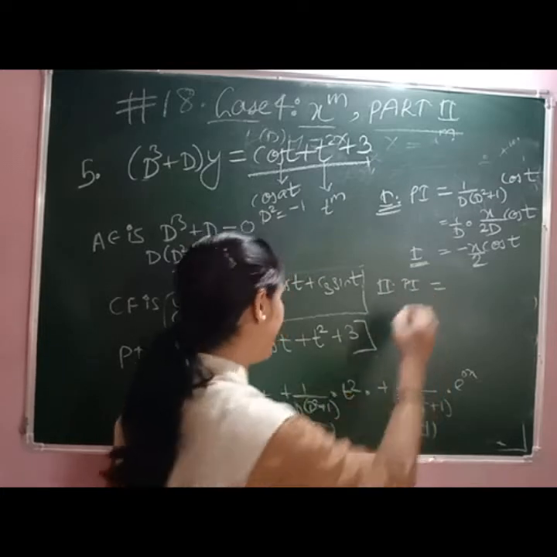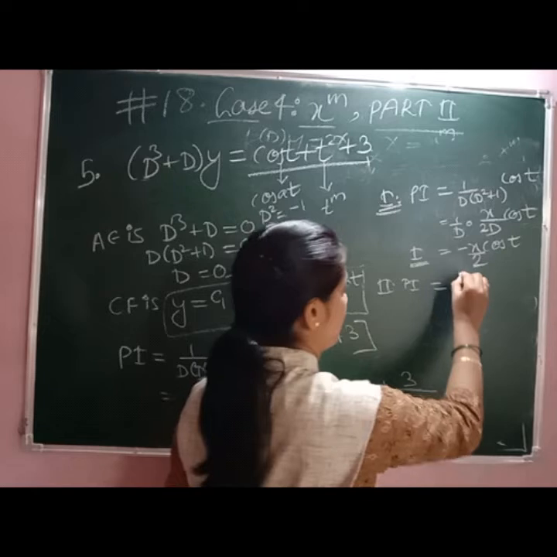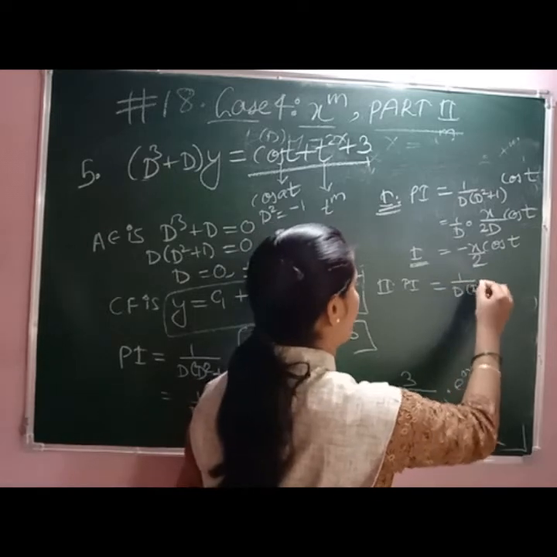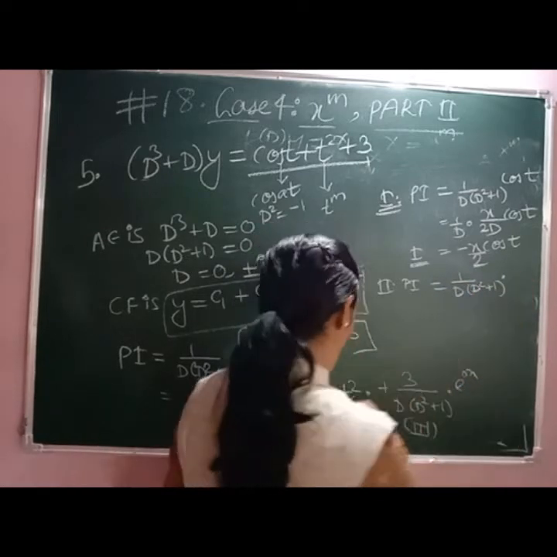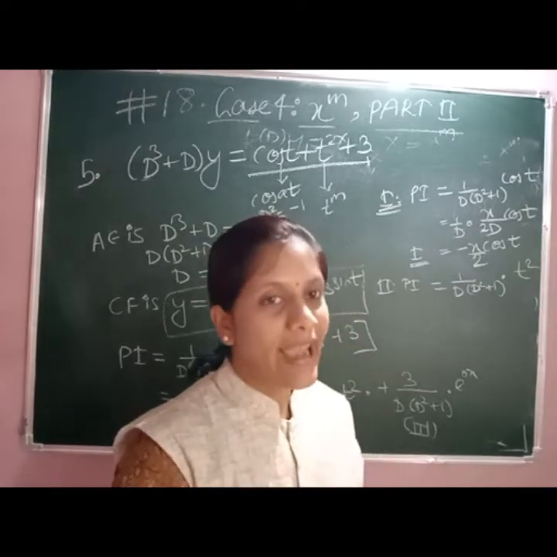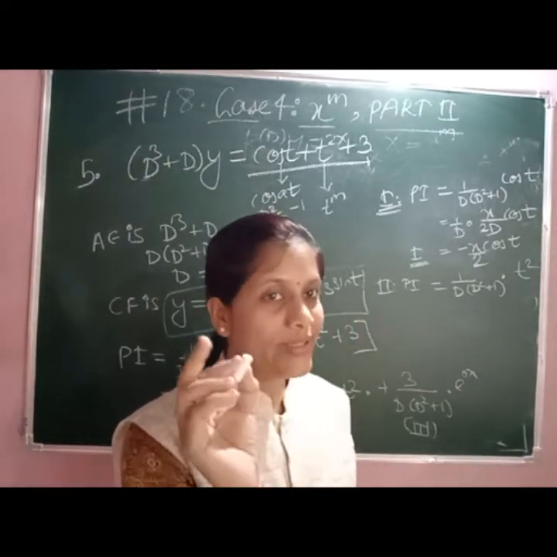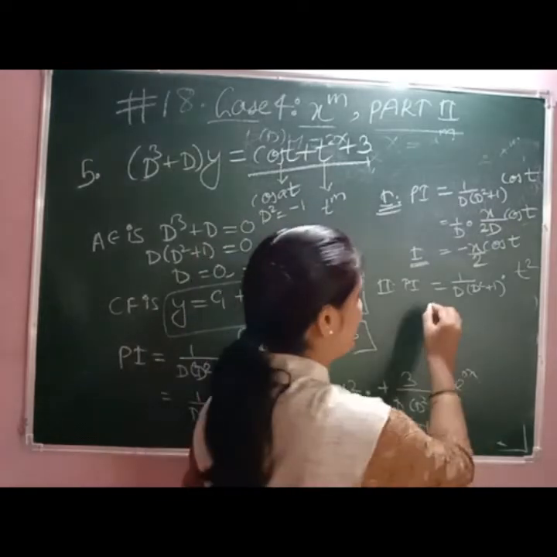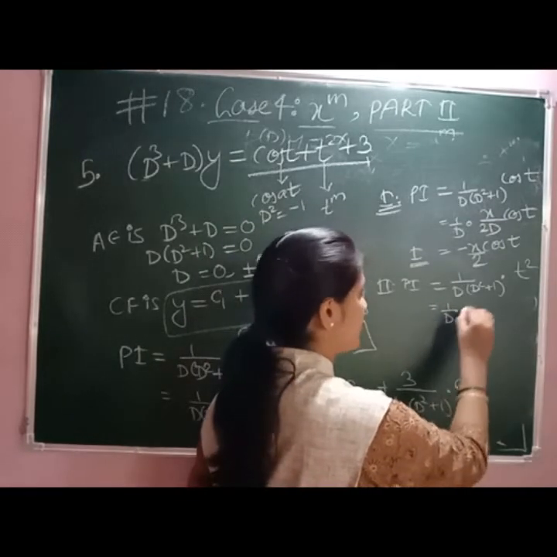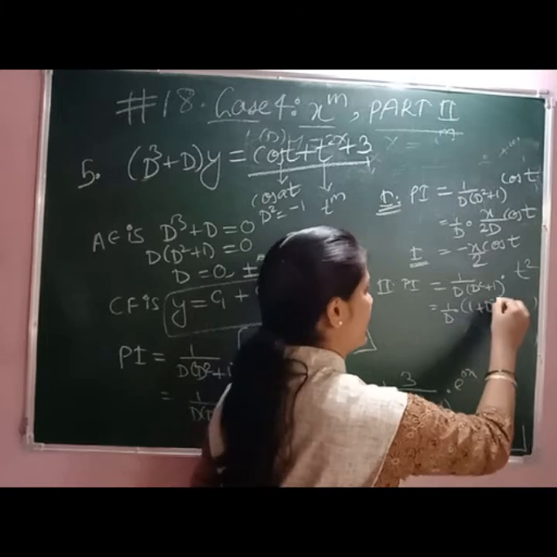So second, how is it given? 1 upon D square plus 1 of t raised to 2. So what form is it? x power m. We have to expand up to D square only. So this can be written as 1 by D as it is, 1 plus D square inverse.